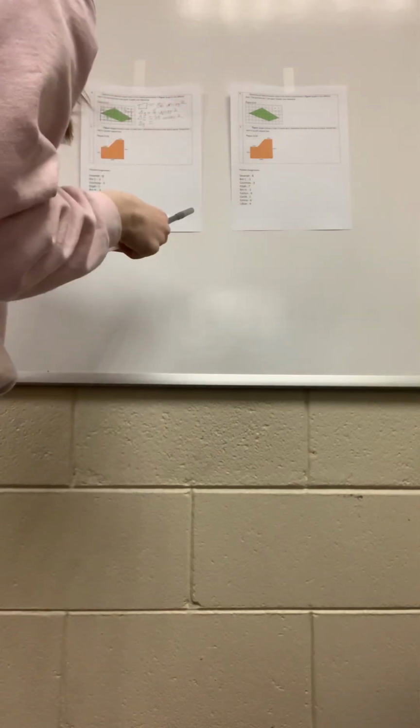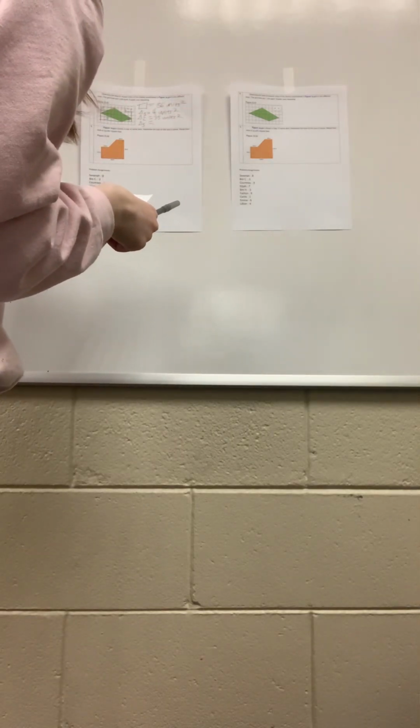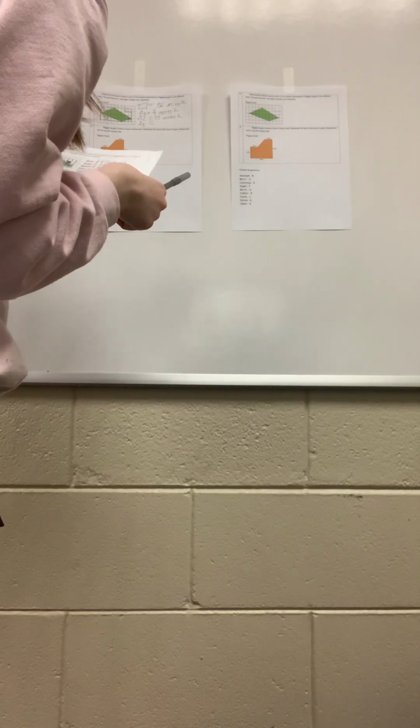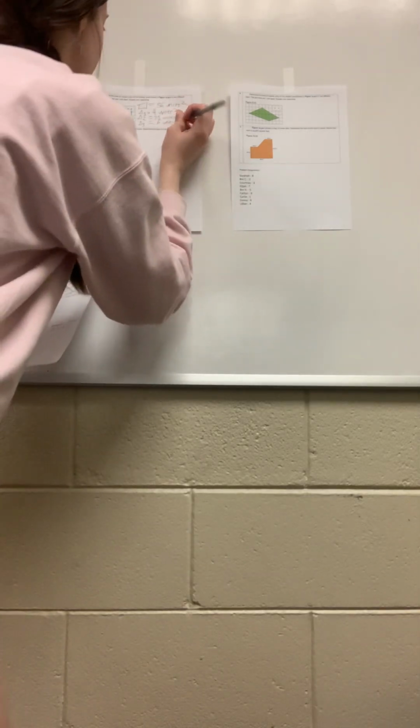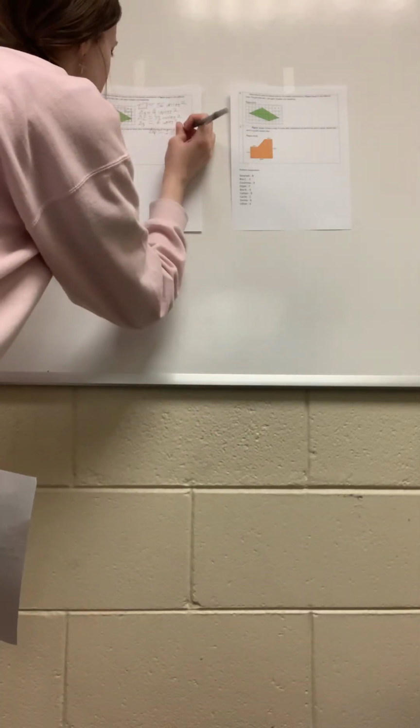Then for triangle 3, we have a height of 6 and a base of 2. So 6 times 2 is 12, times 1/2 will be 6 units squared. For triangle 4, we have a height of 3 and a base of 1. 3 times 1 is 3, times 1/2 is 1.5 units squared.